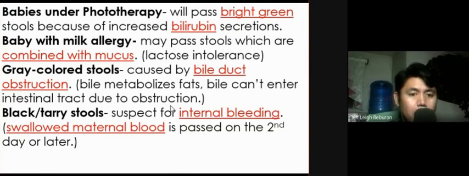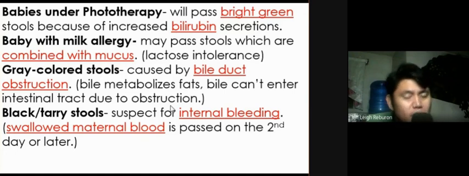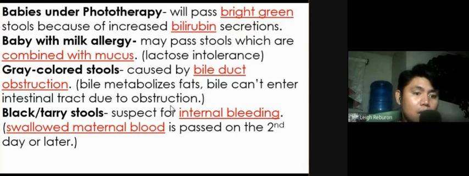But usually, we also see this in babies on their 2nd to 3rd day of life. But that is normal. Okay? Why? Because some of the neonates will accidentally swallow maternal blood.